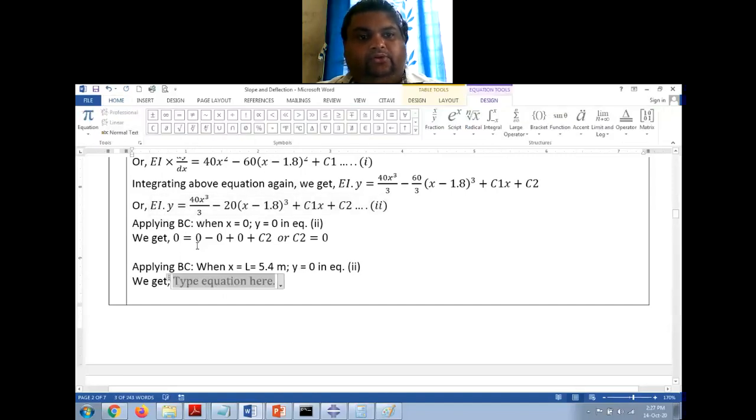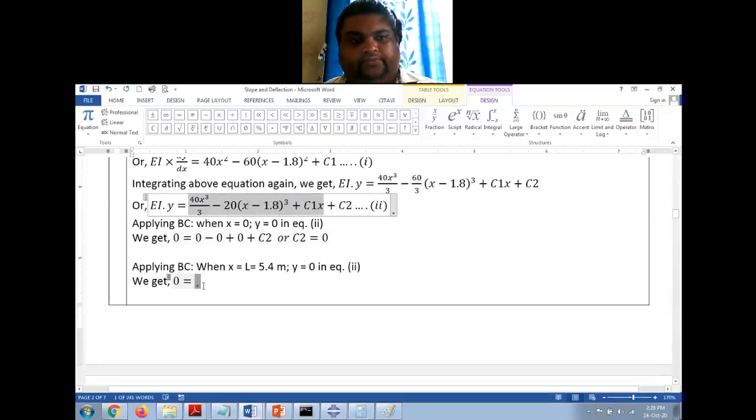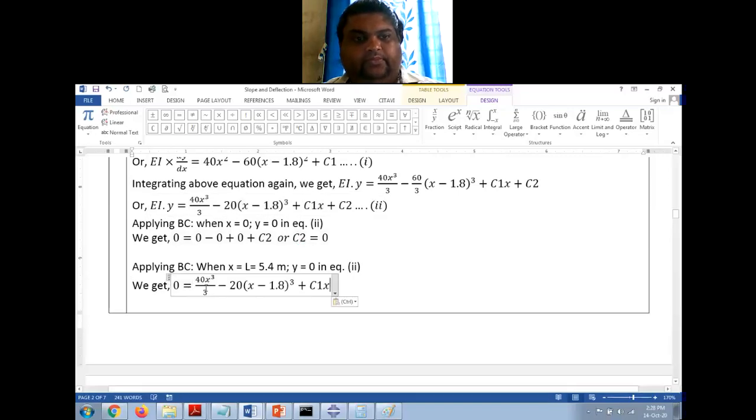y is 0, so the left hand side will become 0 is equal to 40x cube by 3, I'll just copy this. So I am going to just put the value of L at all the places. So x is 5.4 meter. Okay, it becomes very confusing.